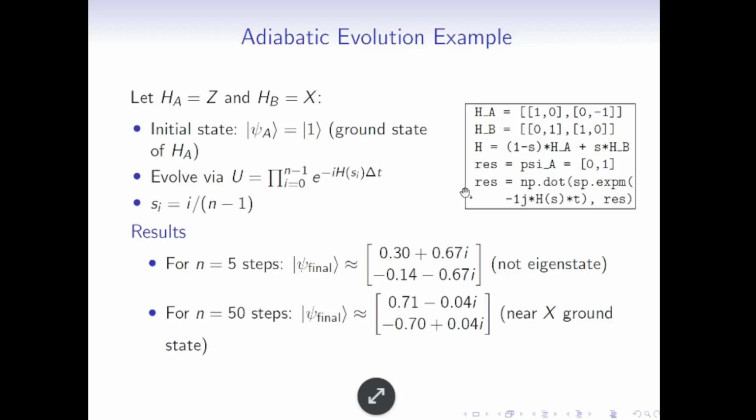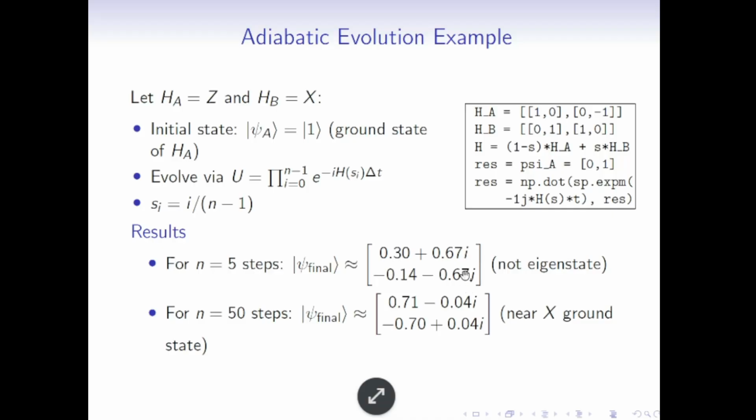You go into the new state, you again put this, you go into the new state. Now if in this loop the steps are small, right, this n is very small, then the resultant state, the result column vector which you look at, will not be an eigenstate of the x operator. Because if you want an eigenstate of the x operator, then here we should have 0 0, right?